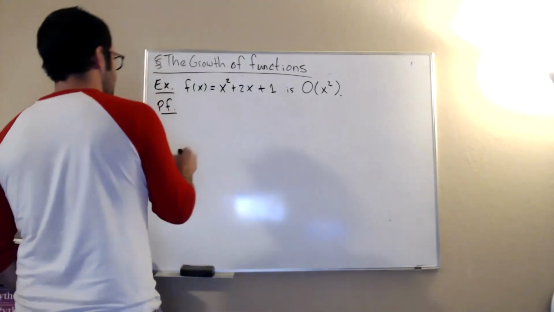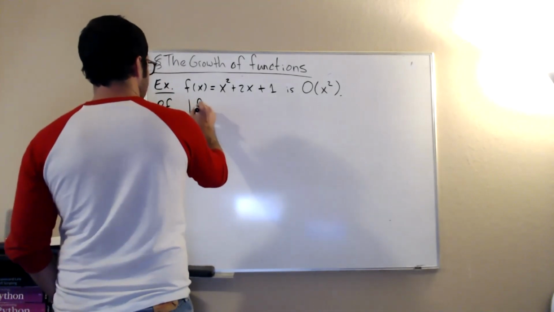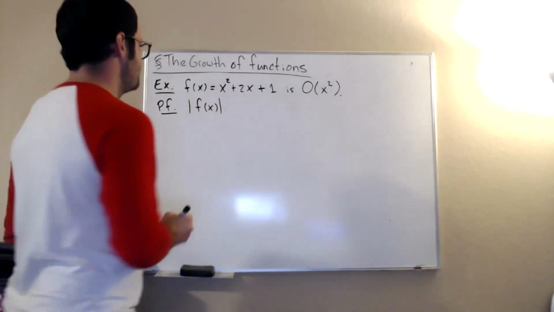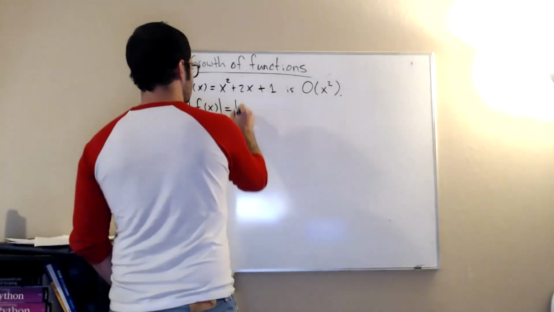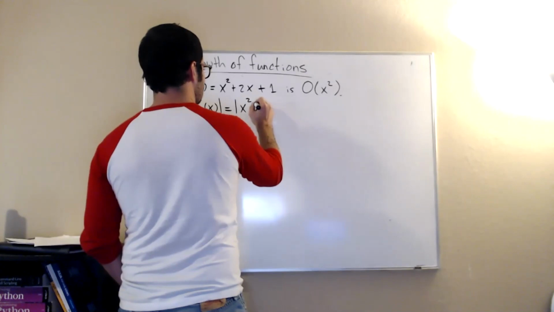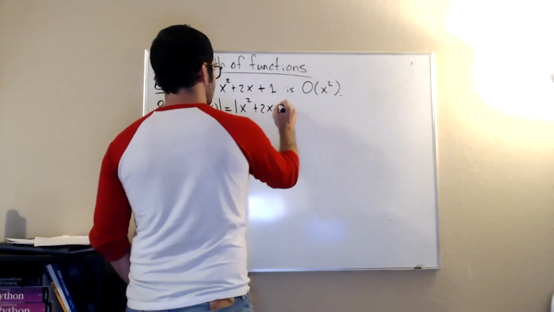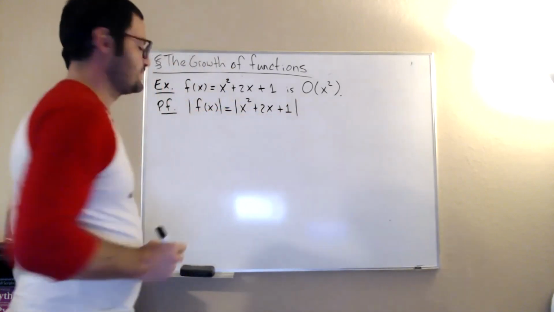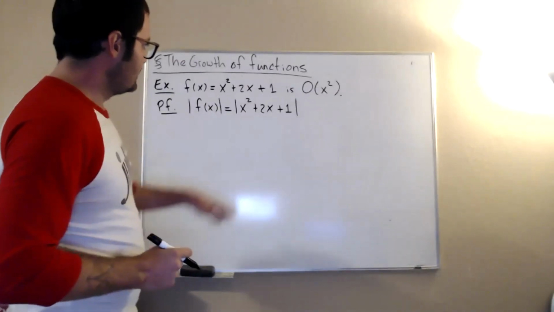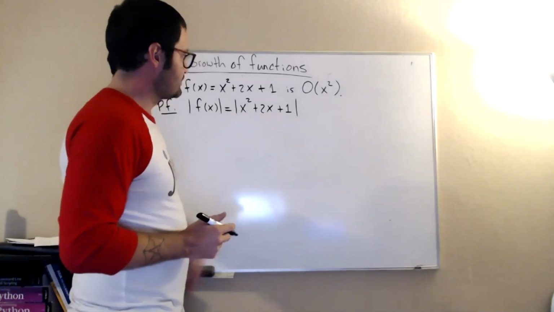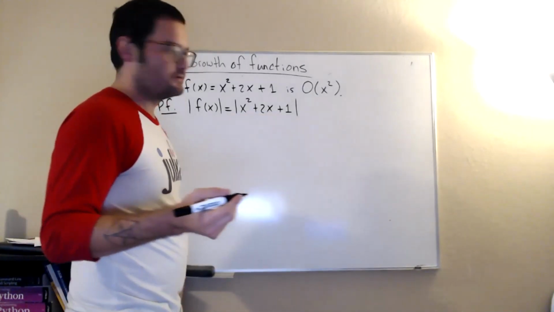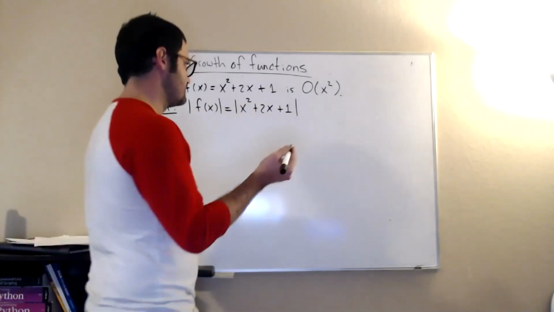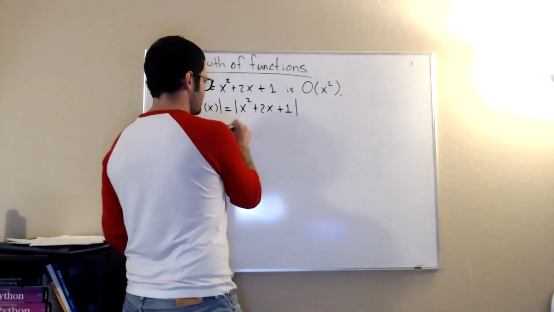So we just need to consider the absolute value of f of x, which is equal to the absolute value of x squared plus 2x plus 1. So now, if x is greater than or equal to 0, then this quantity in the absolute value is going to be positive, so we can drop the absolute value in that case.